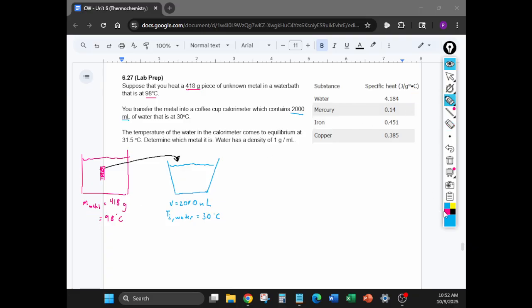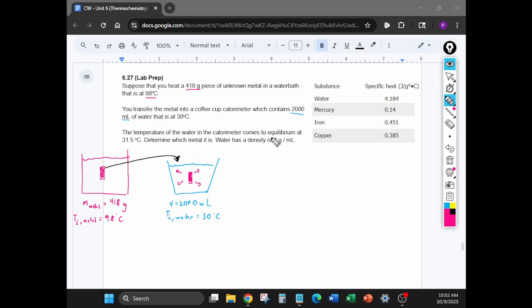So what we're doing right now is just pulling the numbers out of the problem. After you put the metal inside of the calorimeter, energy is going to leave the metal and go into the water around it.